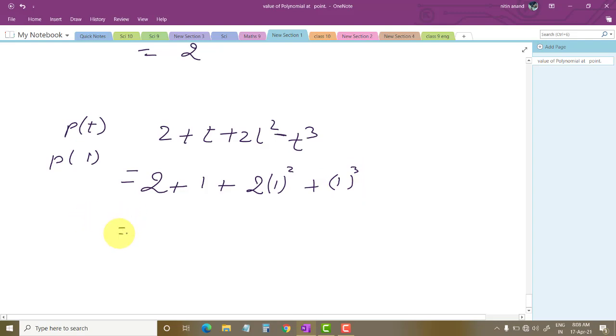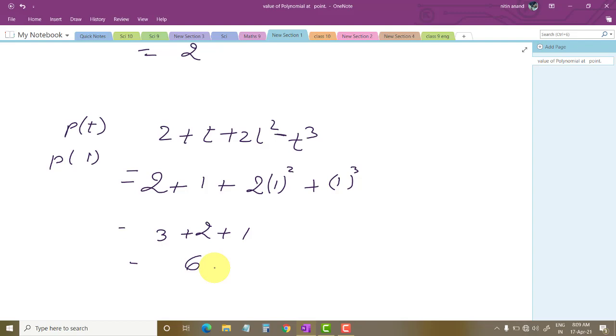Clear? Now it becomes 2 plus 1 is 3, plus 2 into 1 square is 2, and 3 plus 2 it becomes 5, minus 1... that means P at the point 1 is equal to 6.